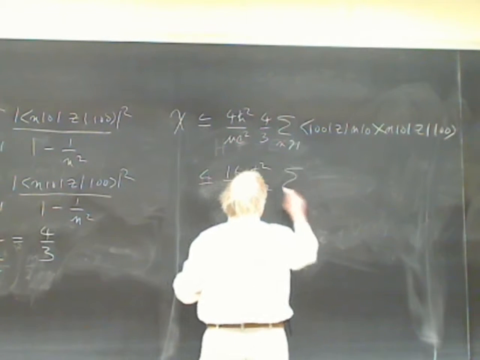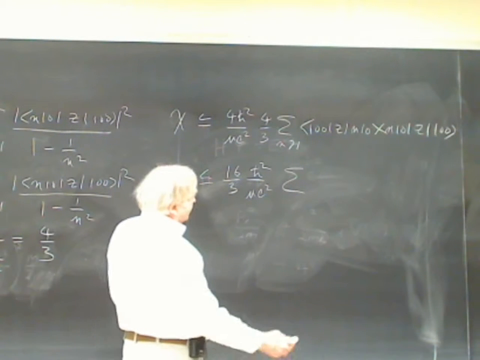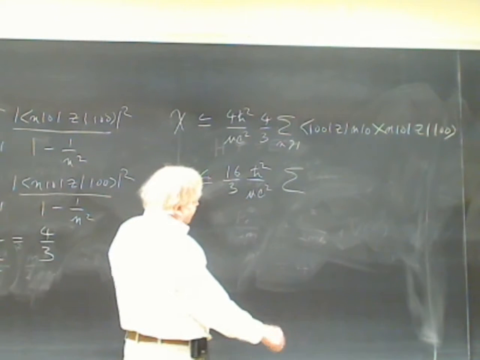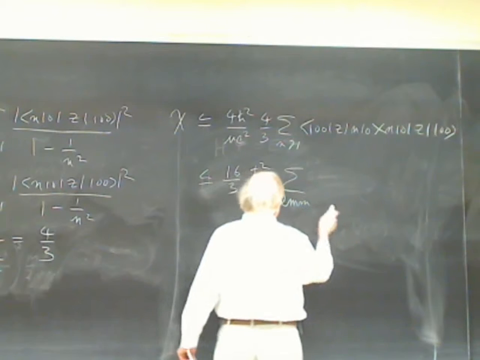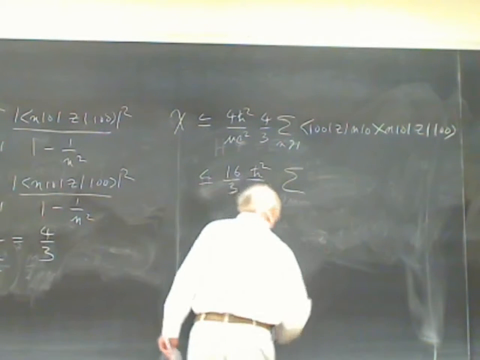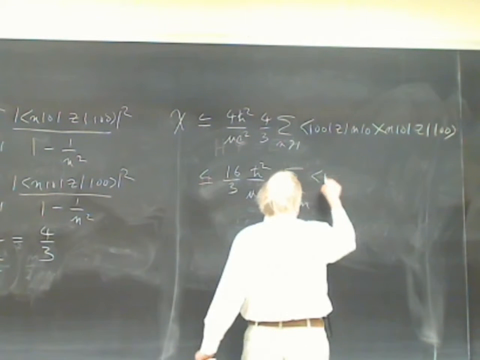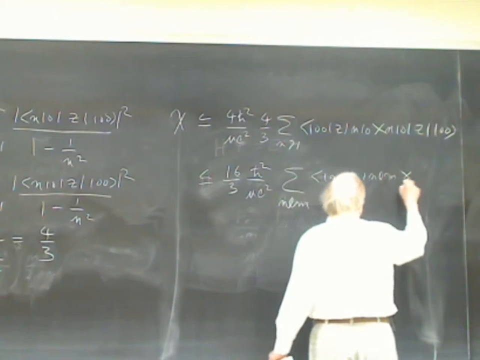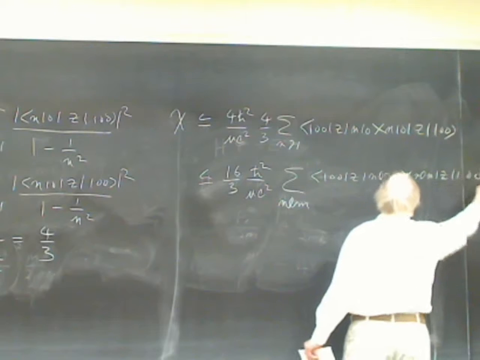But now it's the sum not simply over n greater than 1 and L equal to 1 and m equal to 0, but over all n, L, m: <1 0 0|z|n L m><n L m|z|1 0 0>.